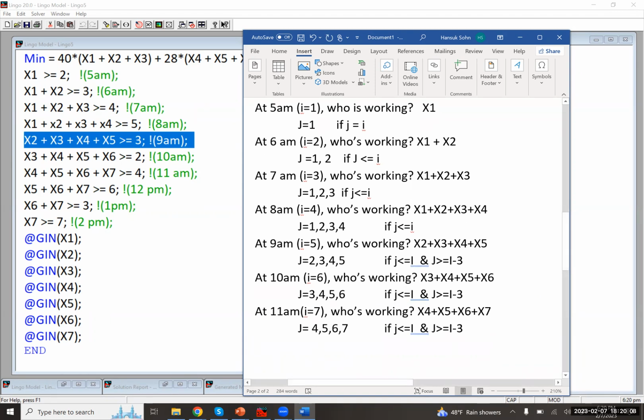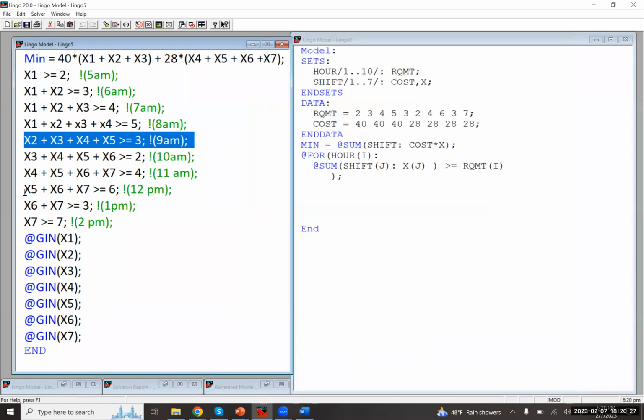Now let's move on to noon, 12 p.m. So if I takes the value of 8, who's working? We are talking about noon here.